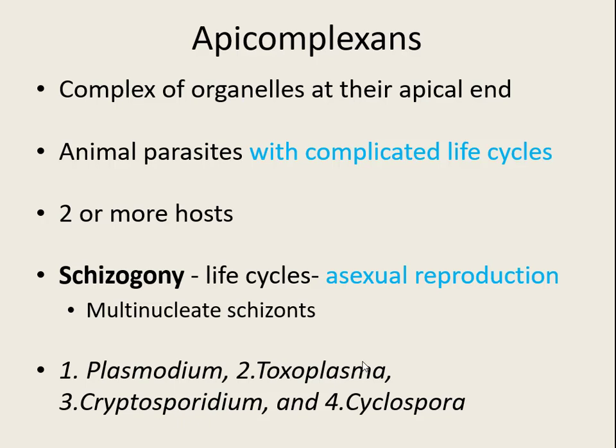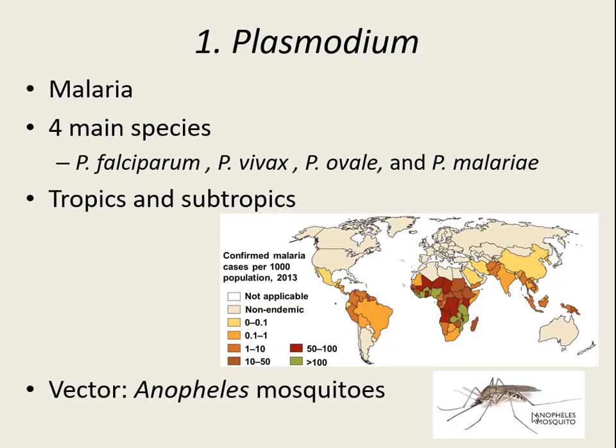Some of them can go through what's known as schizogony as part of their life cycles, which means they can do asexual reproduction before they also do sexual reproduction. The 4 apicomplexans that are most common, so again, not all of them, are Plasmodium, Toxoplasma, Cryptosporidium, and Cyclospora.